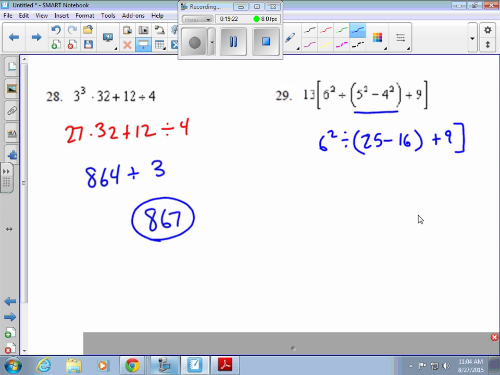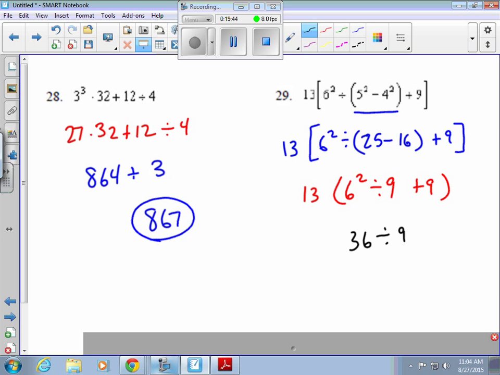And all of that is still going to be multiplied by 13 eventually. 25 minus 16 is in fact 9. So you have 6 squared divided by 9 plus 9 multiplied by 13. Now order of operations tells us we have to do the exponent first. 6 squared means 6 times 6, which is 36 divided by 9 plus 9.